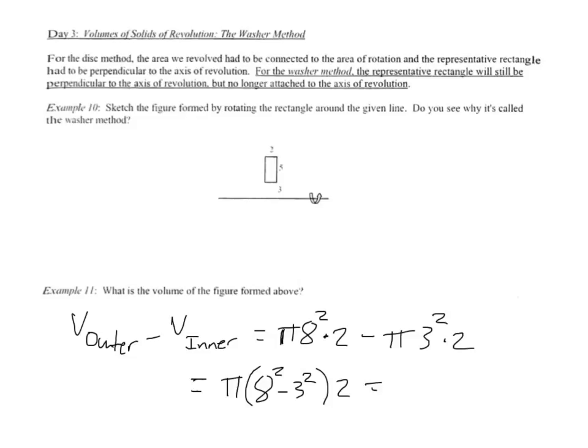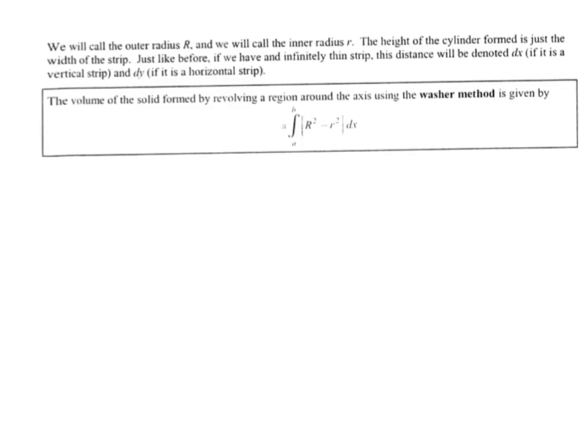It would be, but the point I want to make is that a formula for anything like this could be pi times the outside radius squared minus the inside radius squared, and then with your thickness, or a dx. And so that's going to be where our formula for this idea comes from.